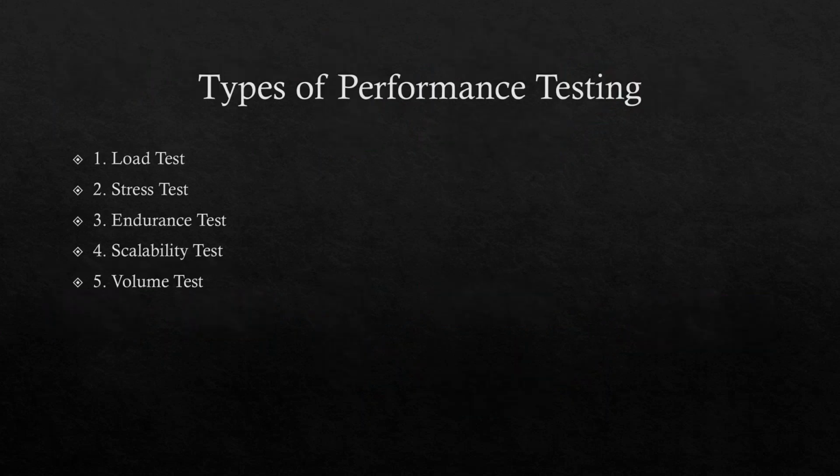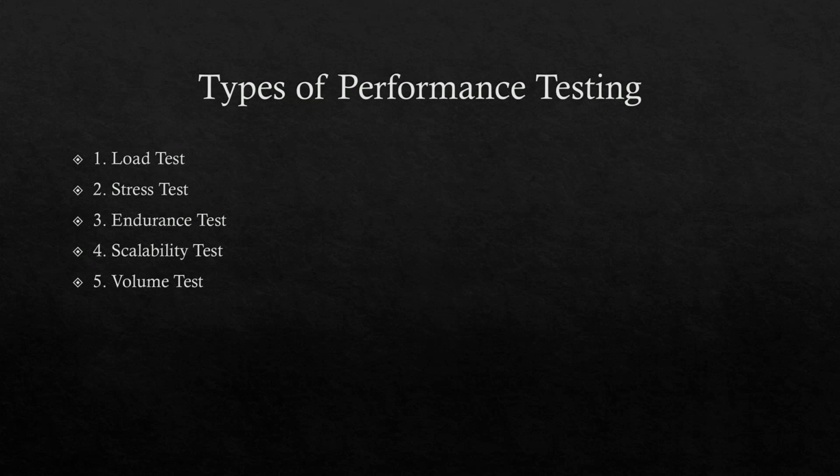Now we'll see the types of performance testing. Generally, in any performance testing project, you do these types of performance testing. The first, basic test you do in any performance testing project is a load test. Then you do the endurance test, or a soak test, or a duration test.